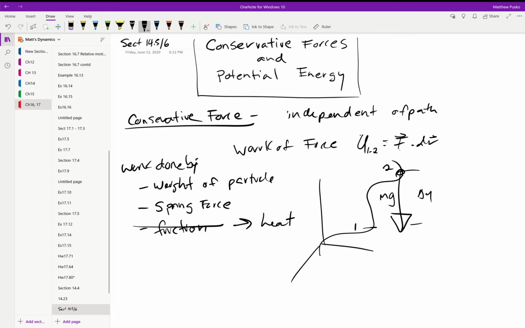We have mu k times the normal force and some delta x along the path, and the longer that is, the more work we're going to be doing. It's not conservative, and we are literally dissipating heat from the body, and that is the work.